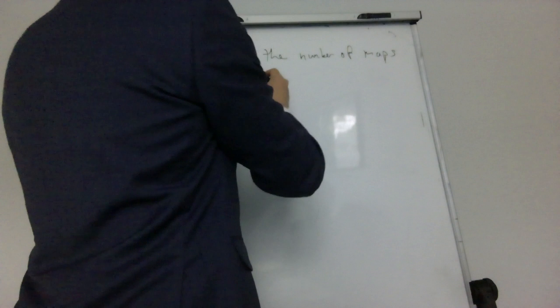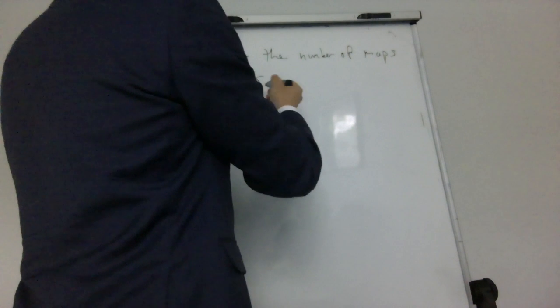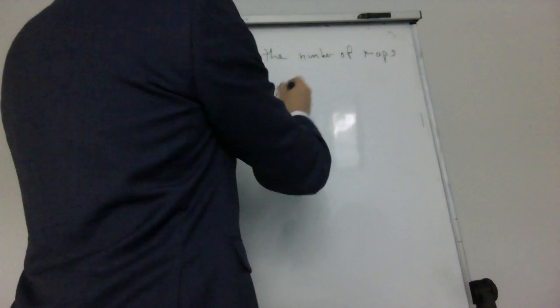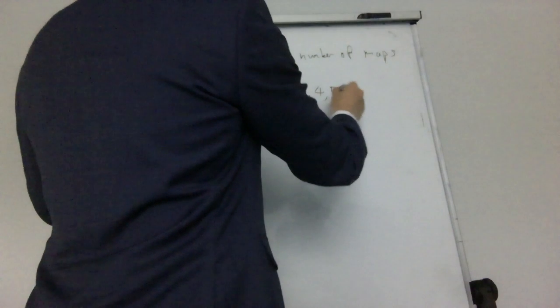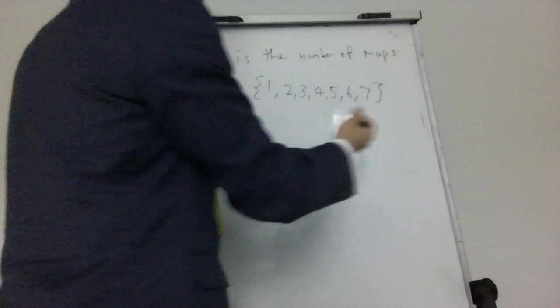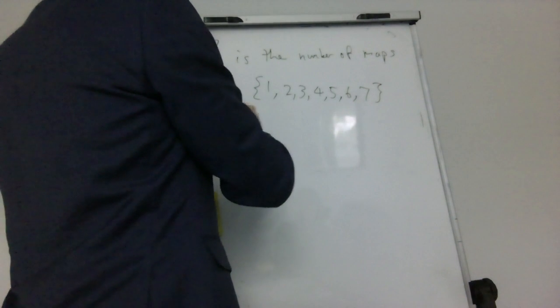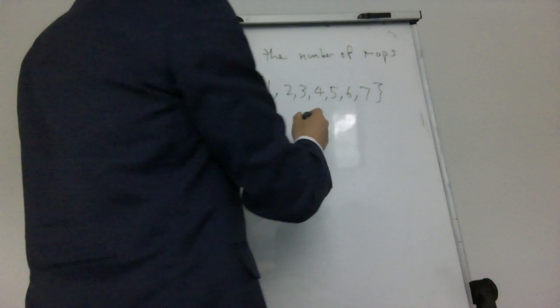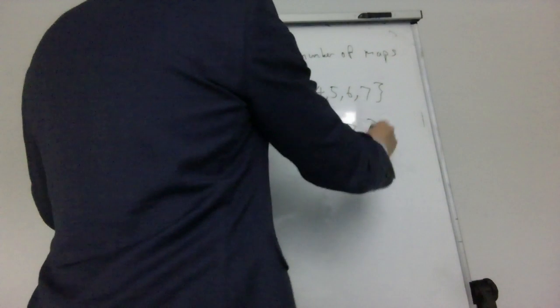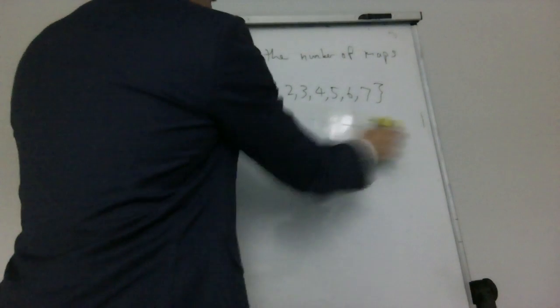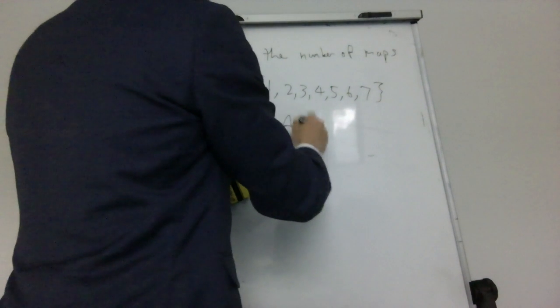So if you want to make it concrete, you could just make it the numbers 1, 2, 3, 4, 5, 6, 7. It's a 7-element set. And it's a 3-element set, so X, Y, Z. Or maybe, to be more friendly, A, B, and C.